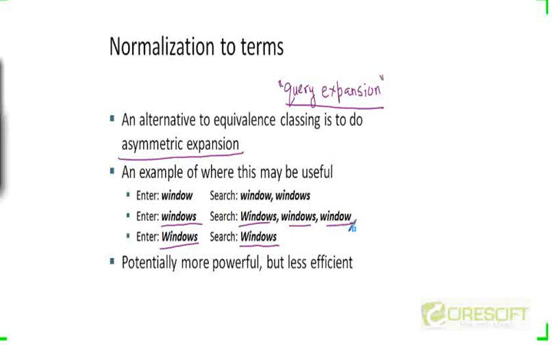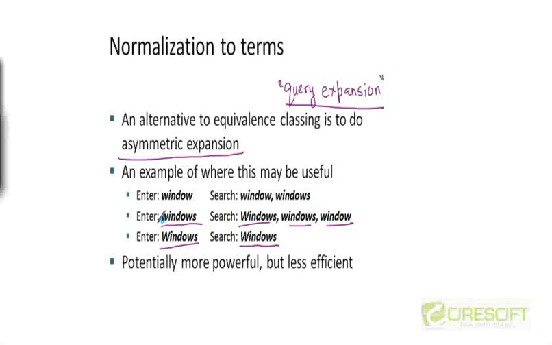Because any of these three terms could be what the intent of the user was when the user typed in this query. And if the user types in just window, then clearly it's probably not a person who's looking for the operating system, which is Windows. So you'll look up only the postings list for window and windows, not the operating system.